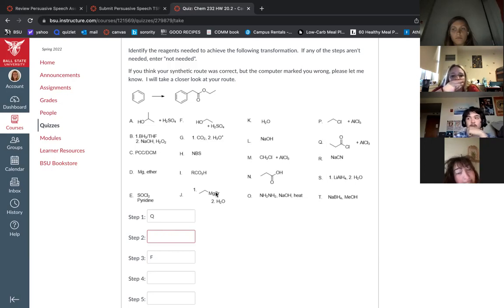Here's what I have: P, H, R, F. So you do add the methyl. Actually, it's an ethyl, isn't it?